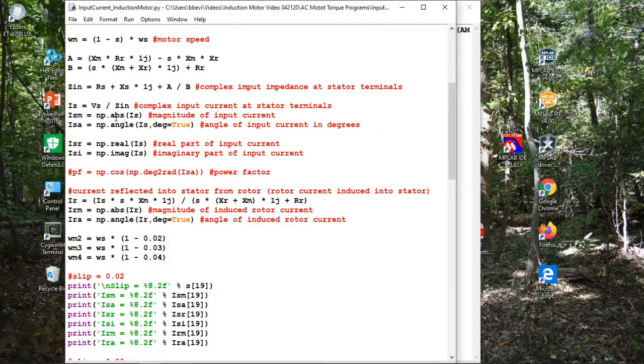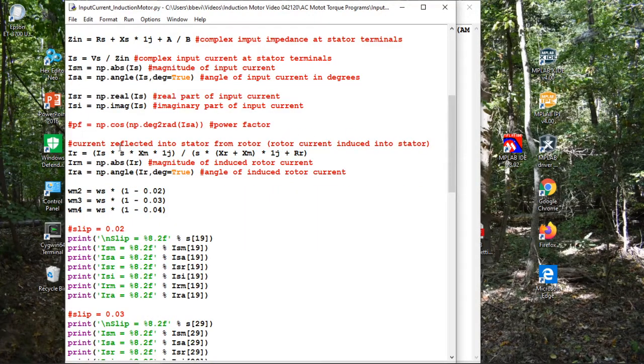But notice that what we're doing is we got the Zn and everything. We're calculating the stator current, right? So this is the complex current. Then we're using the built-in functions of NumPy and Python to calculate the magnitude of the input current. This is the angle of the input current. This is the real part of the input current. And this is the imaginary part.